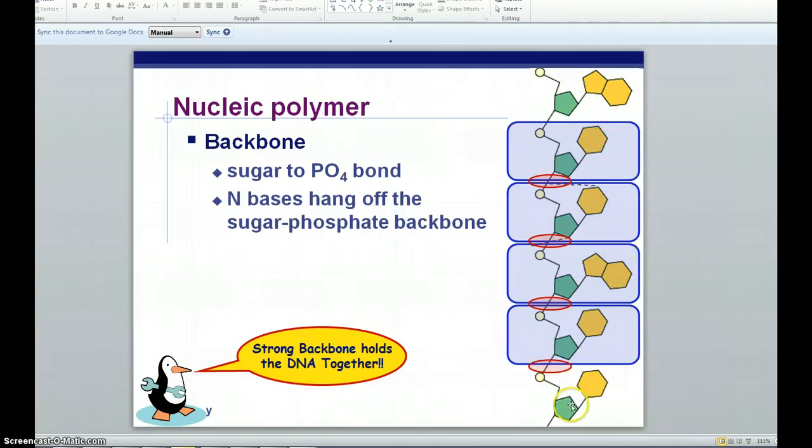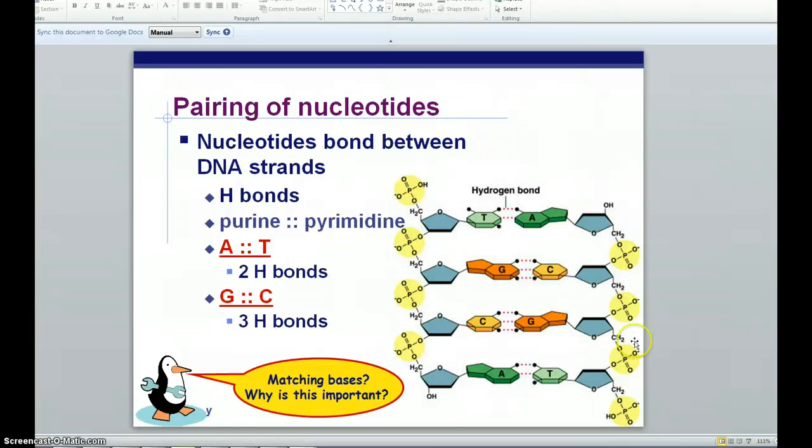This is a fairly strong chemically bonded backbone where the chemical bonds are covalent, so they're strong bonds. But the nucleotides pair. Adenine always pairs with thymine in a DNA molecule.